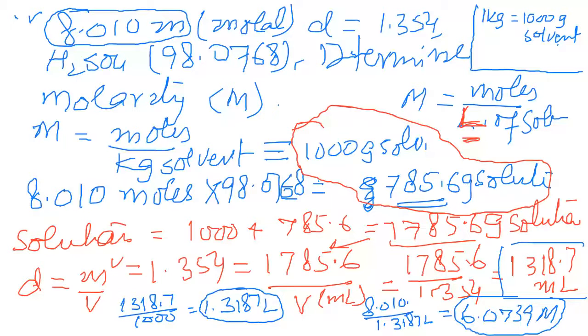Then we use density. Density is giving 1.354. You write the formula of density, write D first. 1.354 is equal to mass 1785.6 divided by volume. Then volume you calculate in milliliter because density is always gram per milliliter. And that milliliter change to liter, then you will get volume in liter.